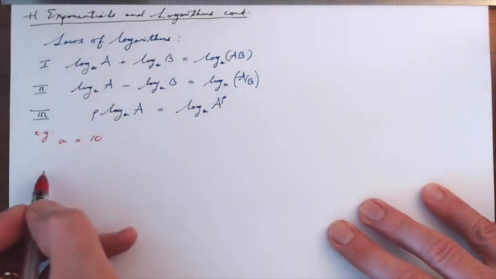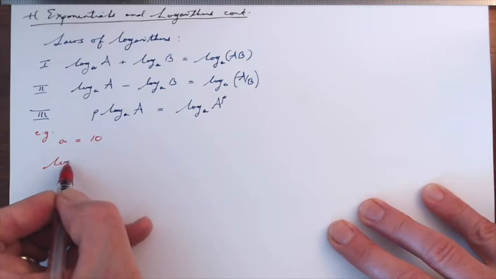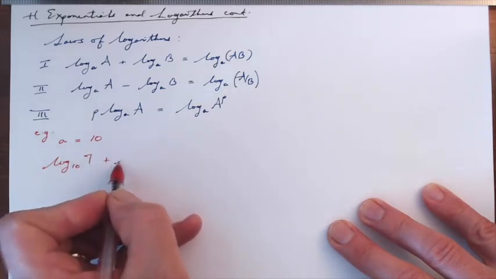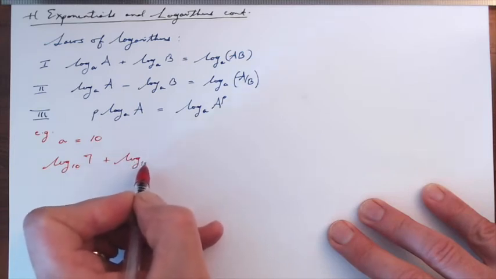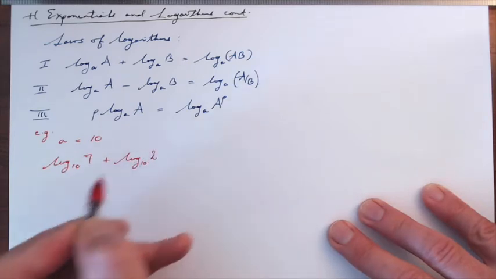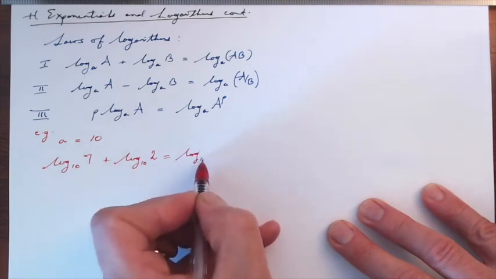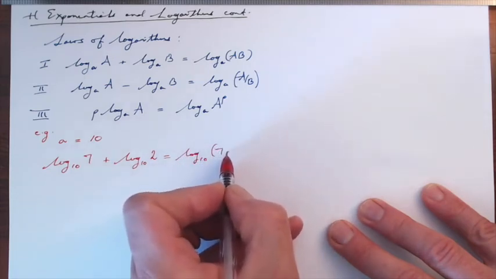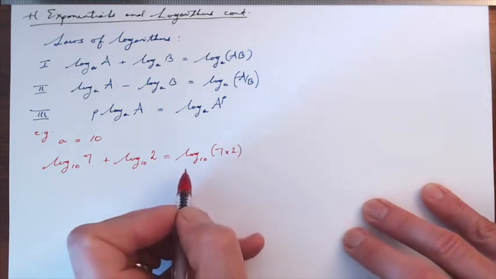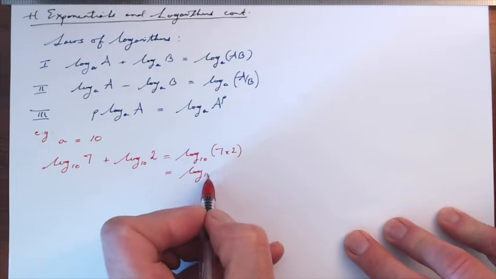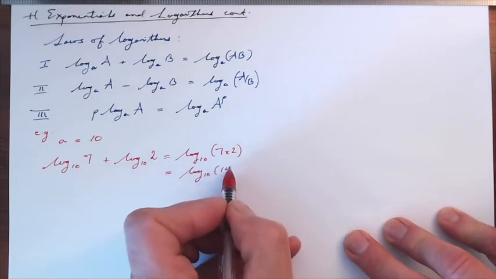So that first one, then I could write something like log to the base 10 of 7 plus log to the base 10 of 2 is equal to log to the base 10 of the product, 7 times 2, which of course equals log to the base 10 of 14.